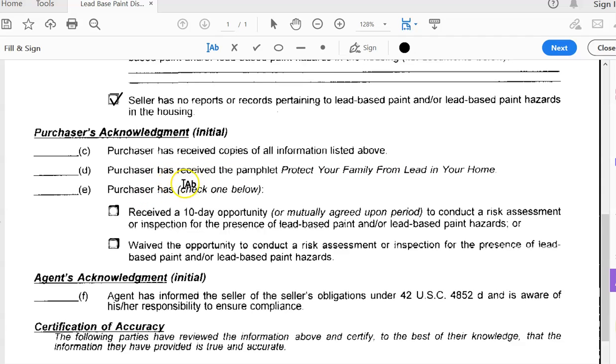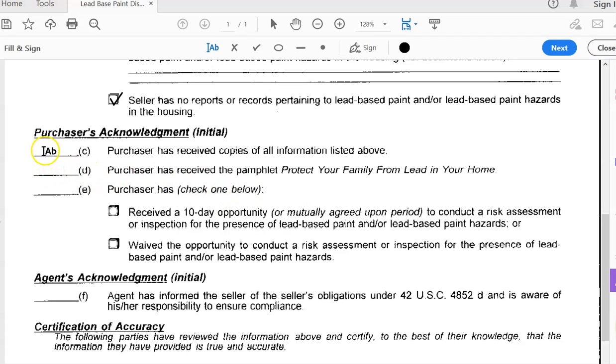So if you're representing a buyer, or dealing with the buyer as a customer, you will still have to present this booklet to the buyer at the point of presenting this form. Not only that, but this form has to be presented prior to submitting the offer or the sales agreement.